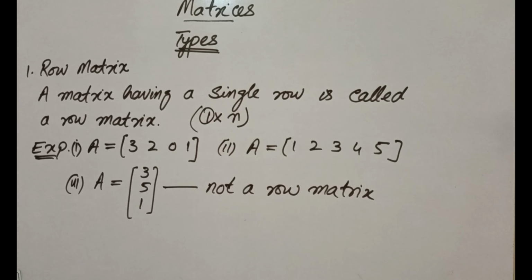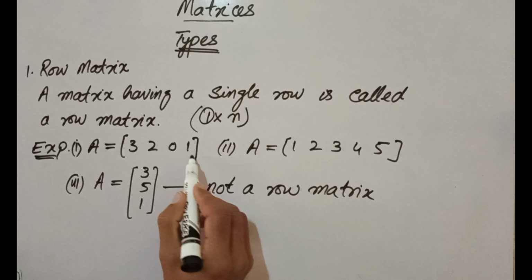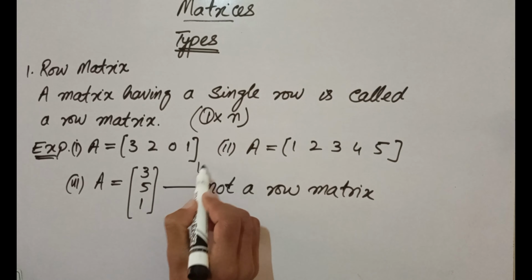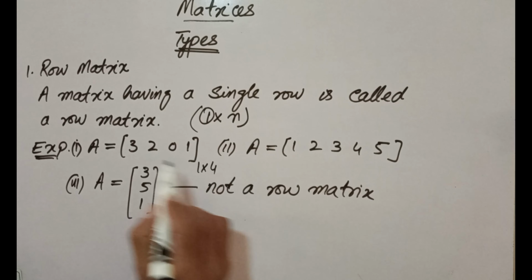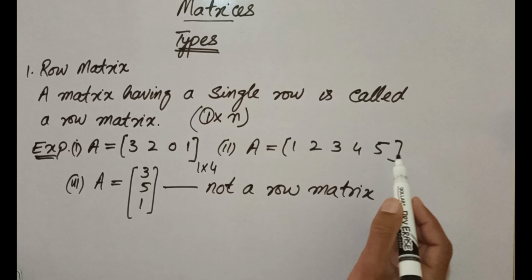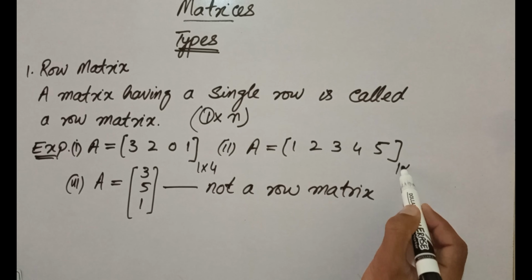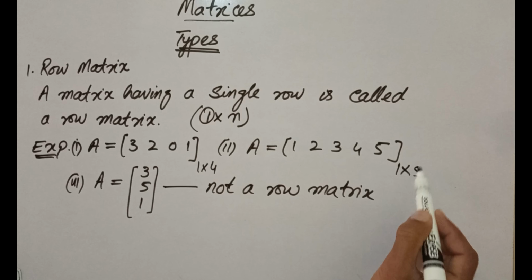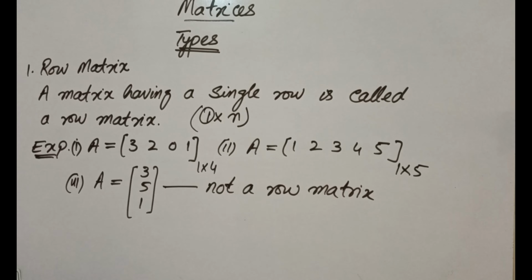We may have a different number of columns. Like in this case, its order is 1 by 4. We have 4 columns, 1 2 3 and 4, and the row is 1. In this case, its order is 1 by 5 because we have 1 row and 5 columns.